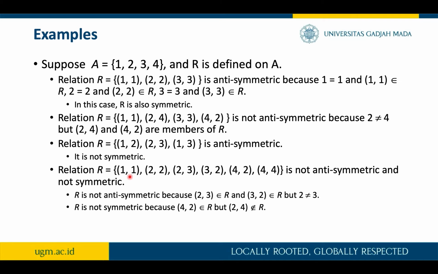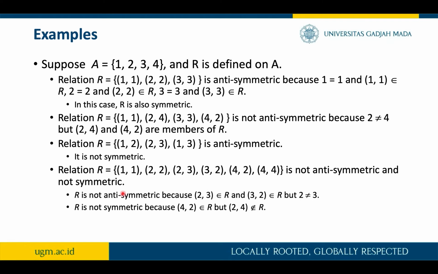Okay, the last one here: (1,1), (2,2), (3,3), (2,4), (2,3), and (4,4). This is neither anti-symmetric nor symmetric. It is not anti-symmetric because (2,3) and (3,2) are elements of R, but 2 and 3 are not the same.